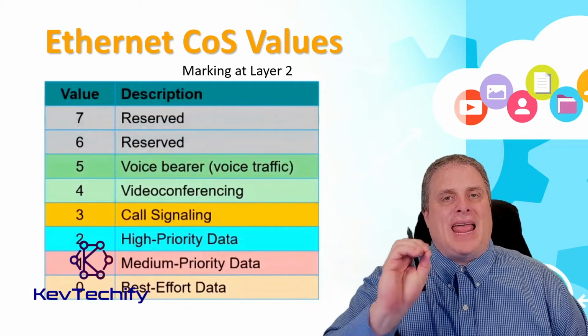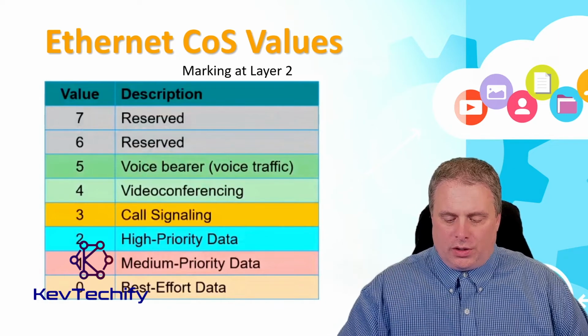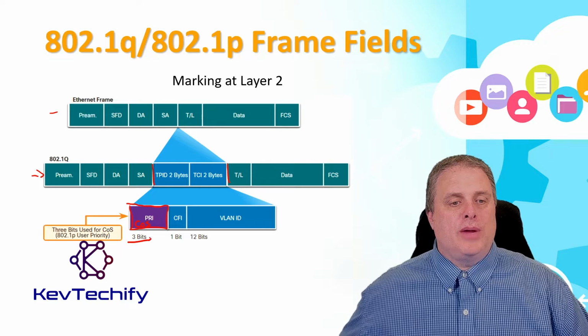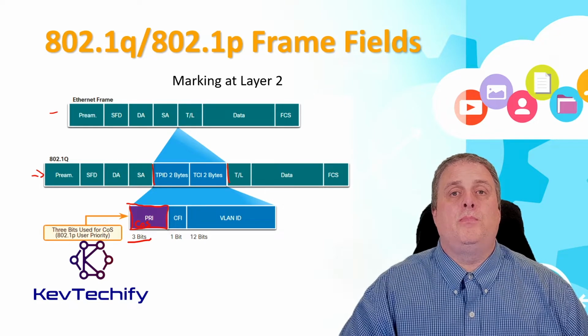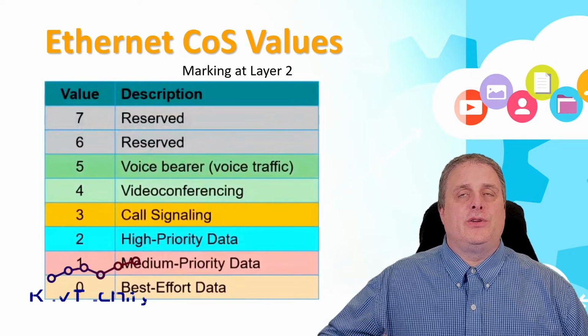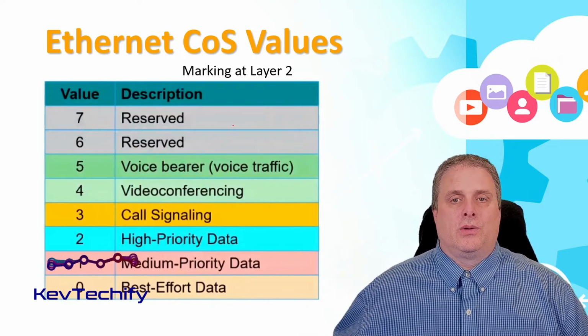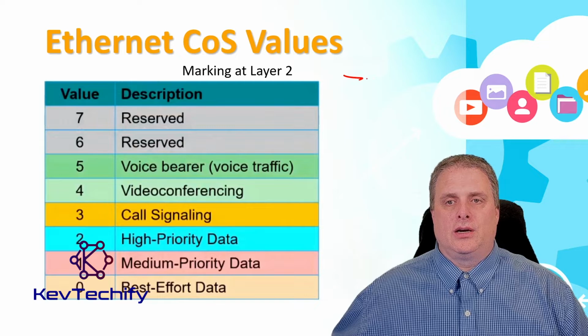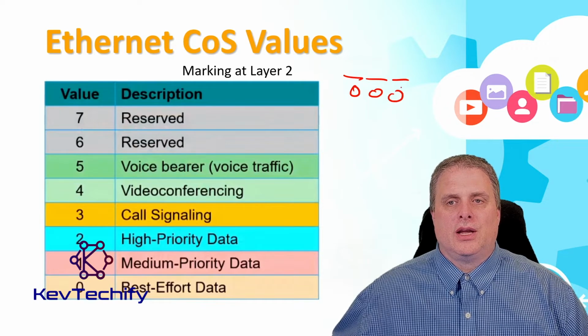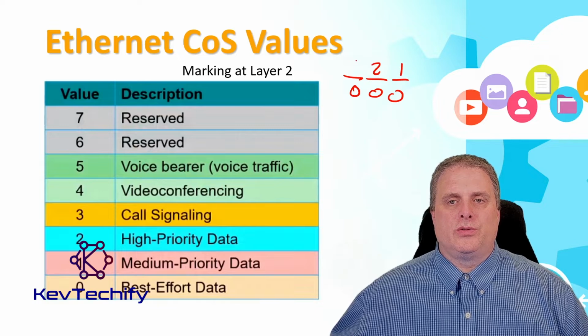Now, the reason there are 8 values: remember, if we look back at the last slide, the quality of service field had 3 bits. Those 3 bits in binary, when you convert them to decimal, give the values of 0 to 7. We have our 3 bits here. The lowest possible value is all zeros. The values of the bits are 1, 2, 4.